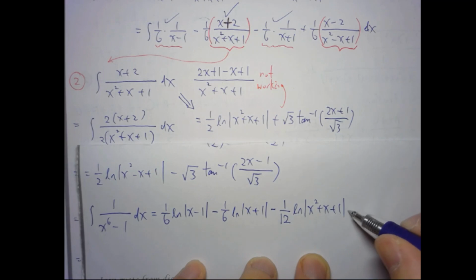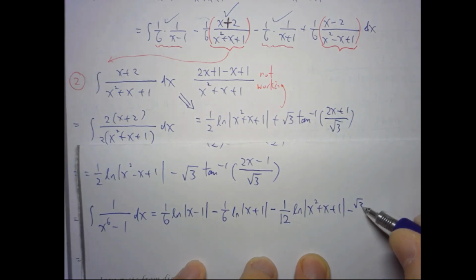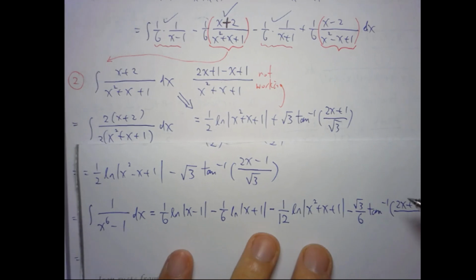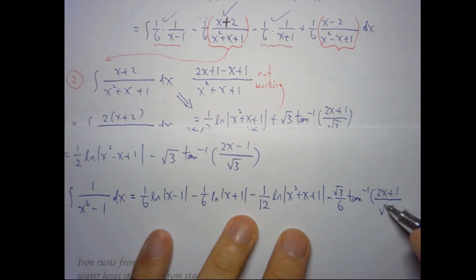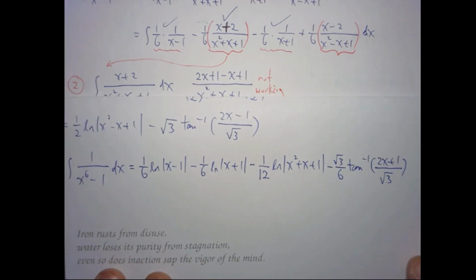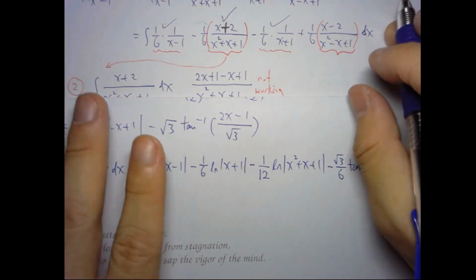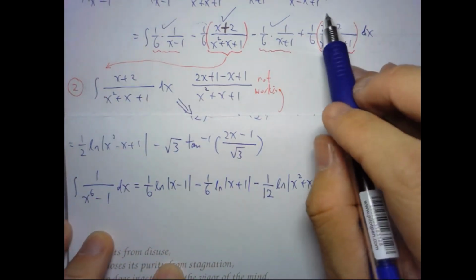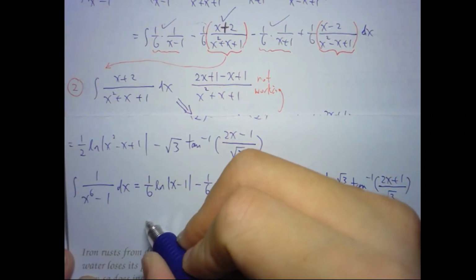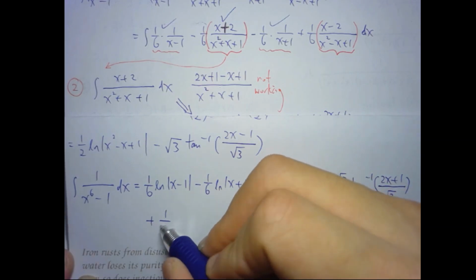So it is negative root 3 over 6 arctangent 2x plus 1 over root 3. Oh, I'm running out of space. Okay, so far so good. And then I will copy this. Okay, 1 over 6 multiplied by this, so we'll complete the solution.